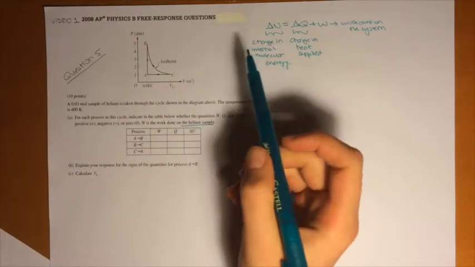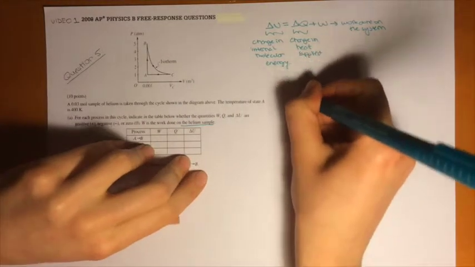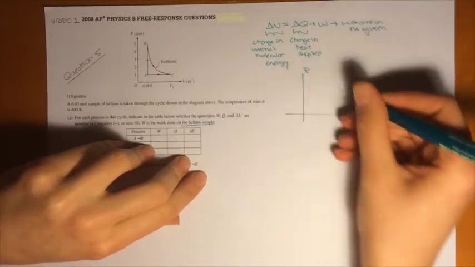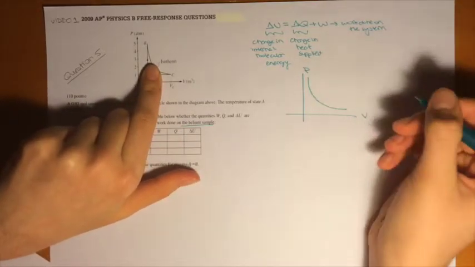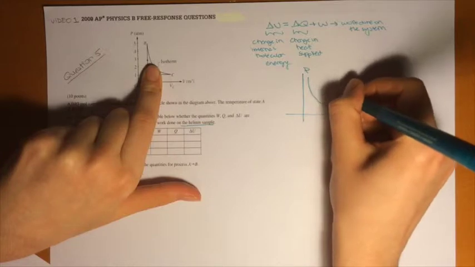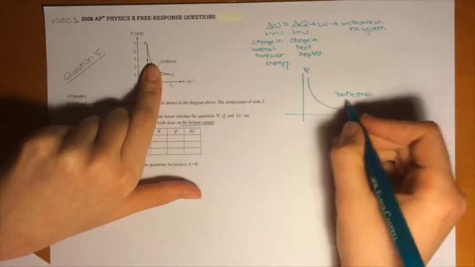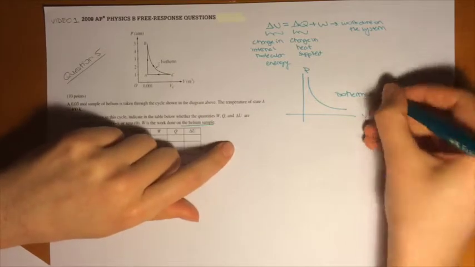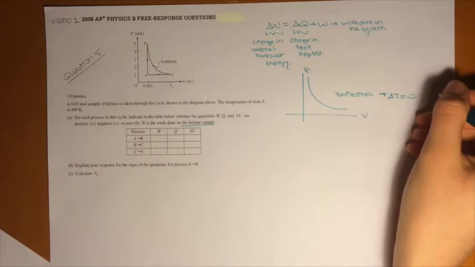So there are 4 types of different thermodynamic processes. The first is the isothermal process. Iso means same, thermo means temperature. So in an isothermal one, delta T is equal to 0.